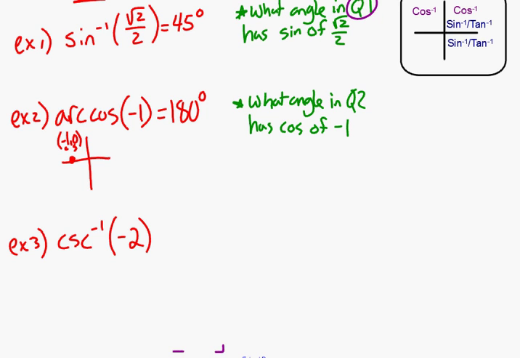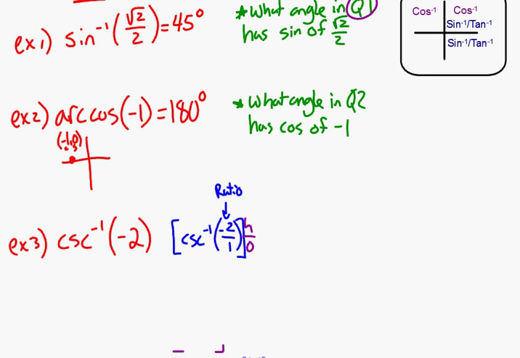First thing, I need to think, this is really giving me cosecant inverse of -2 over 1. Now, why is that important? Remember, with inverse trig functions, this is a ratio. It's a ratio of sides. Specifically for cosecant, I have hypotenuse divided by opposite.